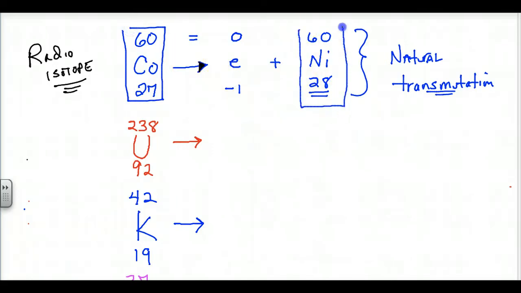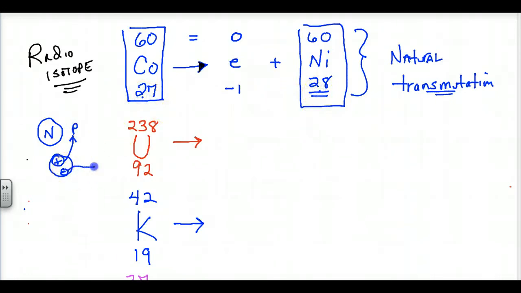In this case, by giving off a beta particle, a high-speed electron, what we're saying is that a neutron, which is neutral because it's basically made of a proton and an electron, yes, there's a neutrino in there, but essentially a neutron split into a proton. That's why the proton number increased.